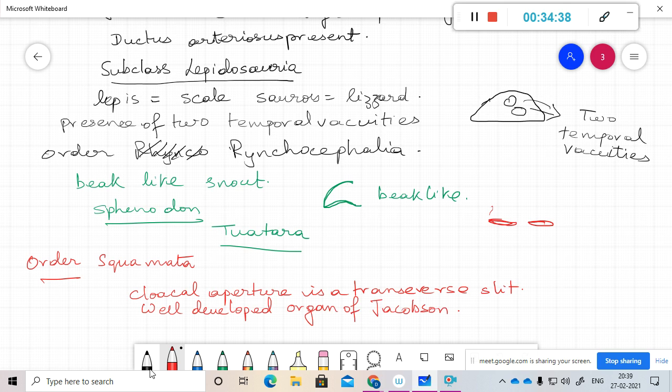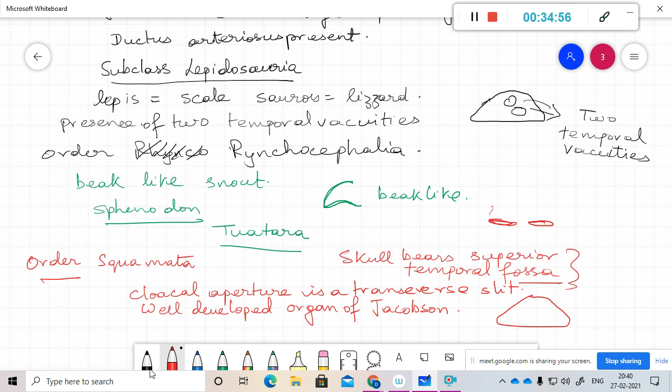Then the skull bears a superior temporal fossa. So, I've drawn it. This is the superior temporal fossa.